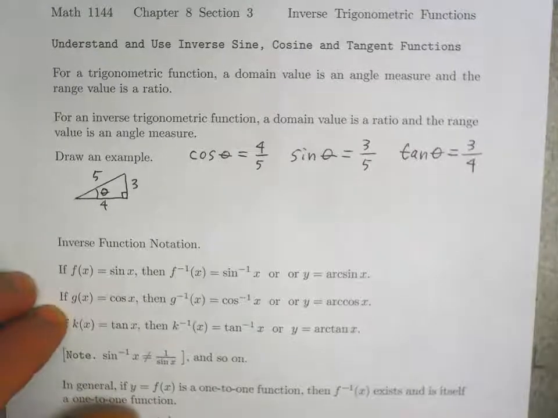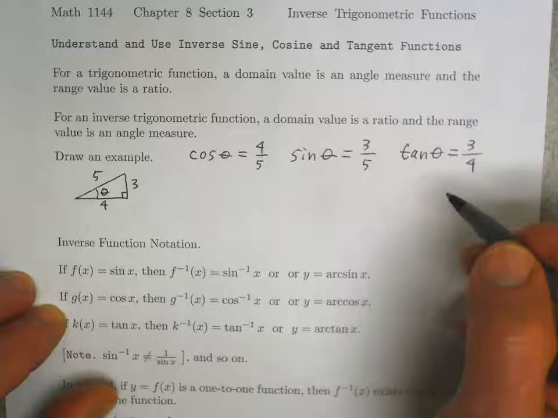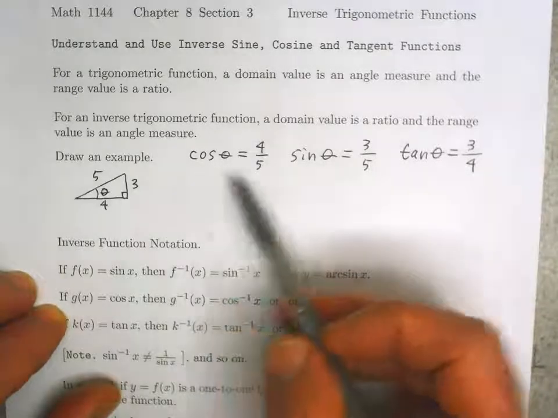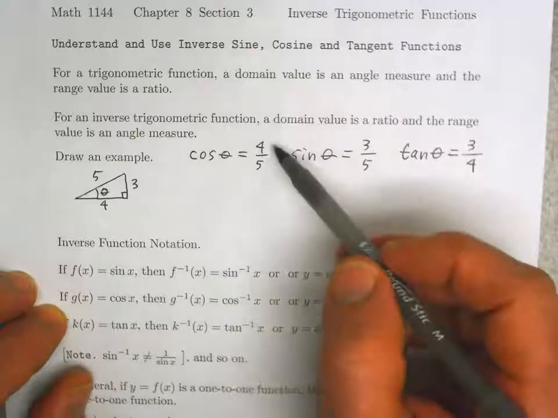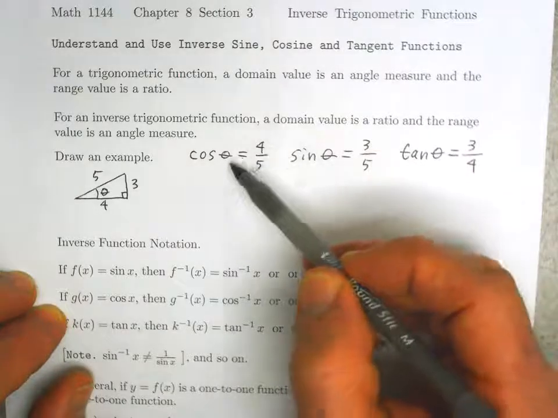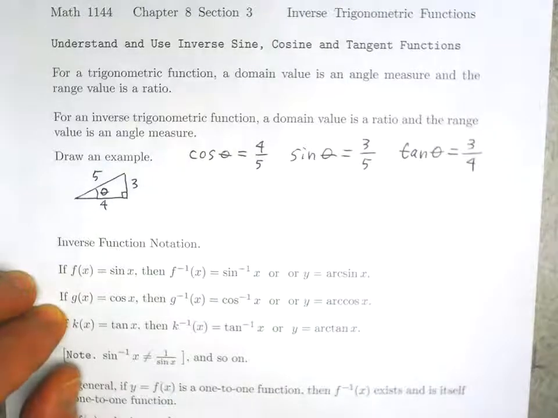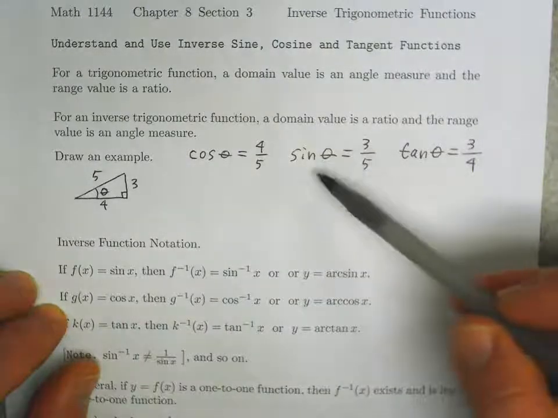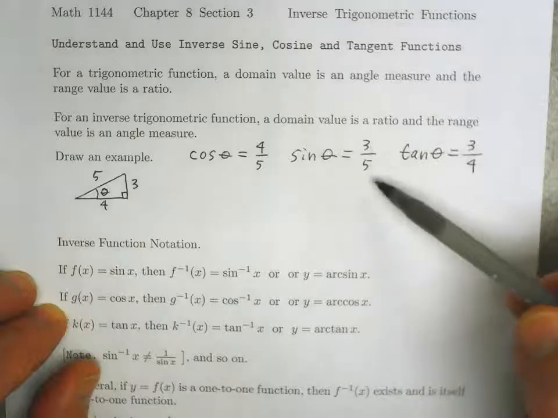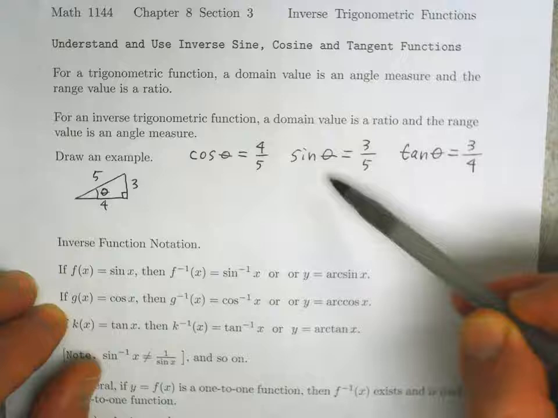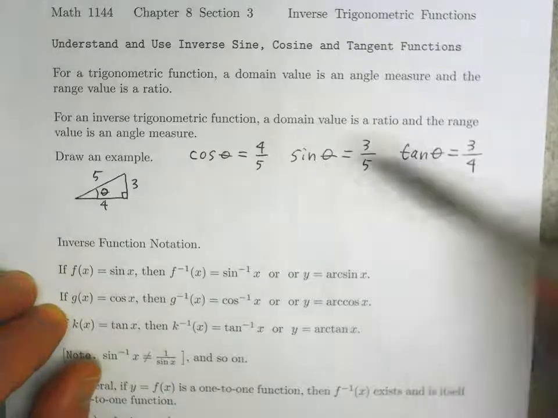Okay, but in terms of the inverse of cosine, we will have an input value of 4/5, and it will give us the output value theta. And for sine of theta equals 3/5, the inverse of sine will have an input value of 3/5 and an output value of theta.